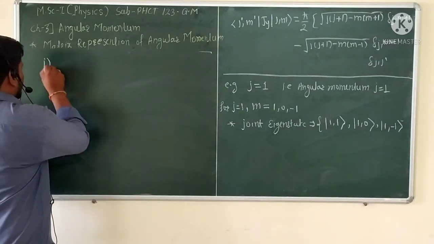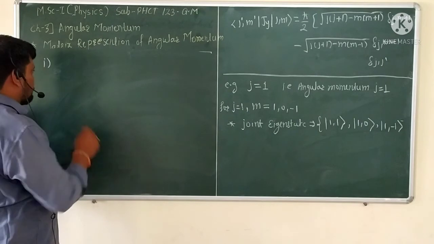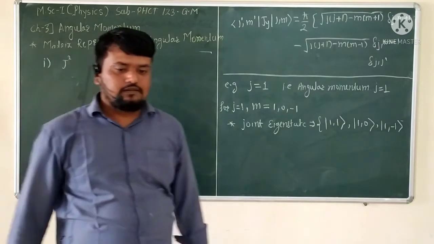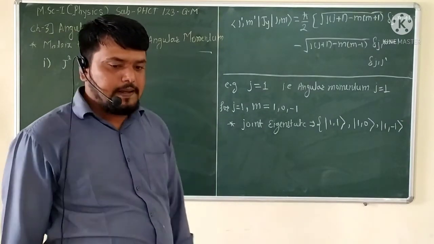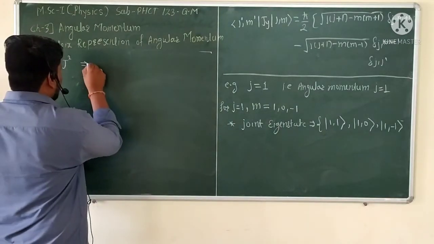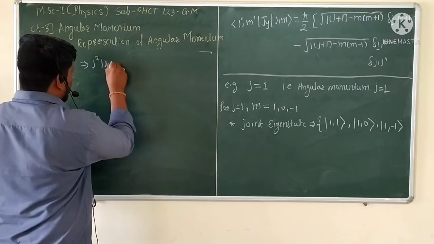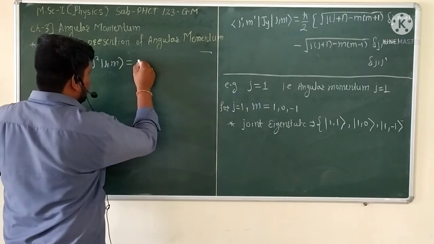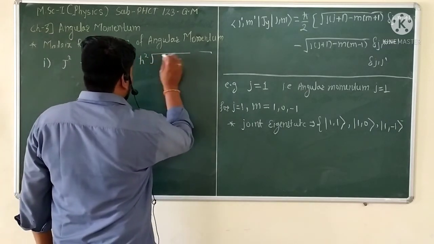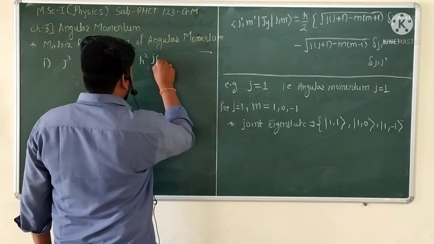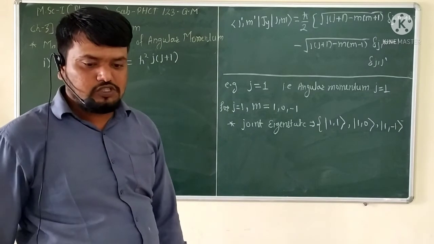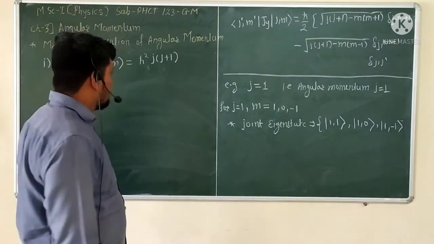We have to know that j square acting on |j,m> is given by the relation h cross square j into j plus 1 times |j,m>.